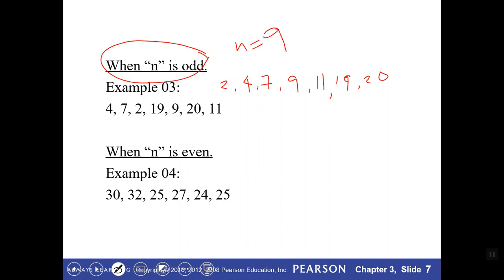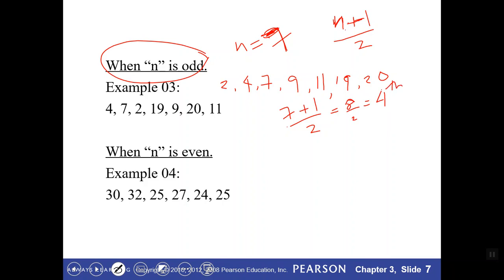Sorry, n equals 7, there are 7 values. So 7 is odd, so we can use this equation to find the position of the median. (n plus 1) divided by 2, so n is 7, 7 plus 1 is 8, 8 divided by 2 is 4.